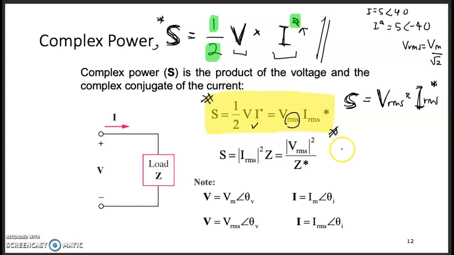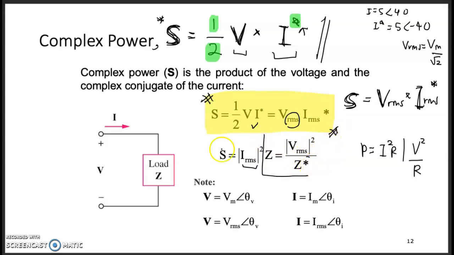Okay. So remember last time you learned about the formula of power in chapter 1 and chapter 2. This can be either I squared R or V squared over R, right? So now you just need to change it to become I RMS, you modulus it, meaning you need to find the magnitude, and also the V RMS, you modulus it, and then divide by the Z conjugate.